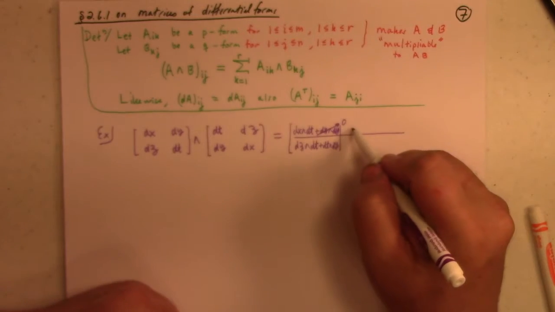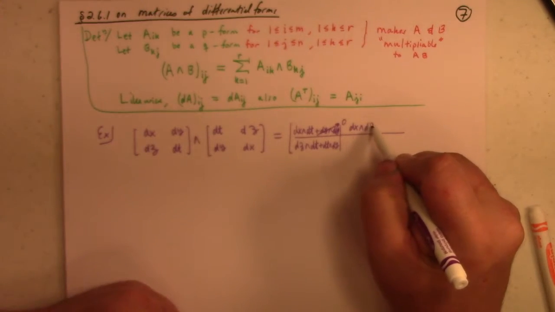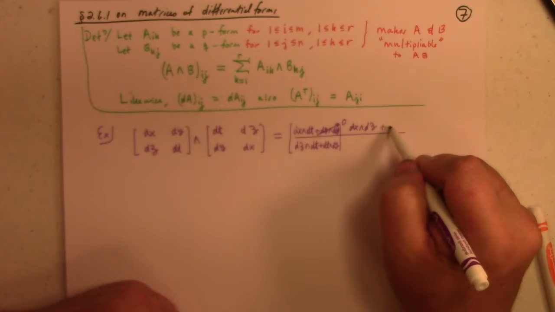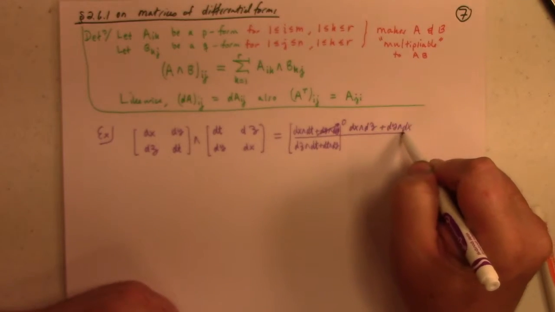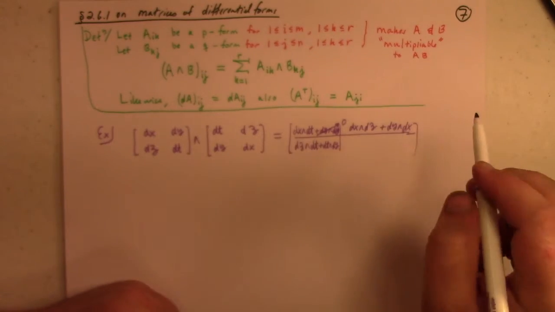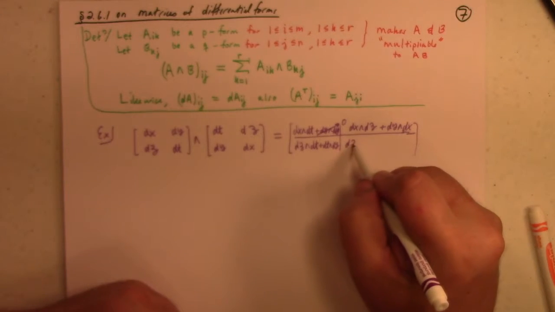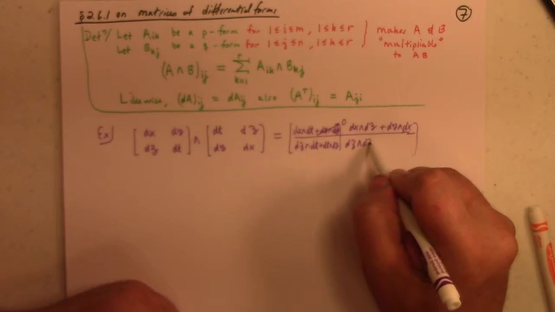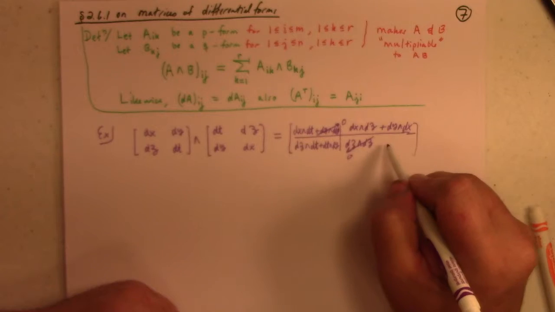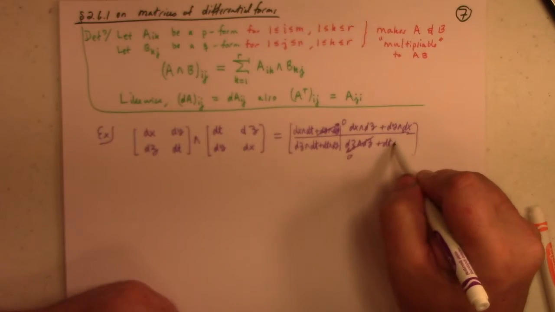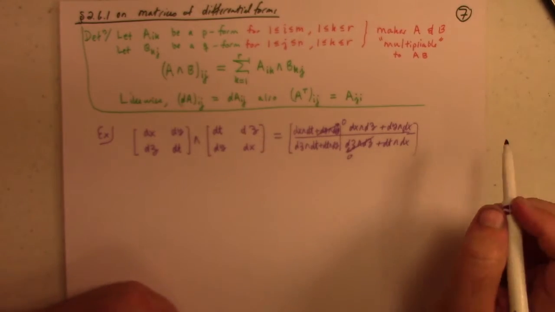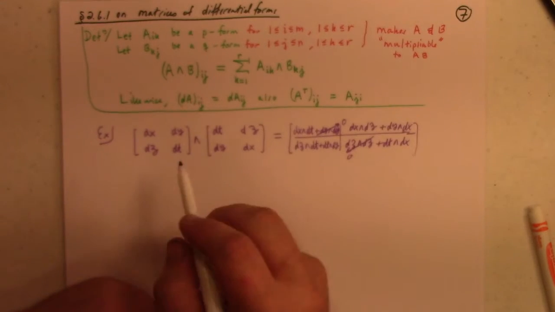And then we get dx wedge dz plus dy wedge dx. And then we get dz wedge dz, which I didn't need to write because that's 0, plus dt wedge dx. Alright, well, that was interesting. Not really what I wanted to do though.